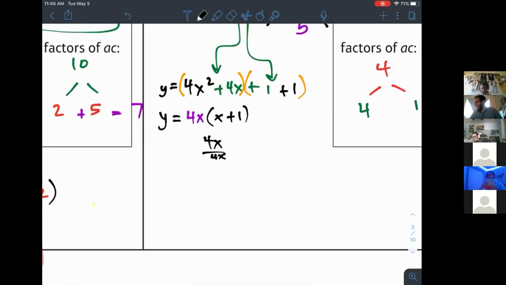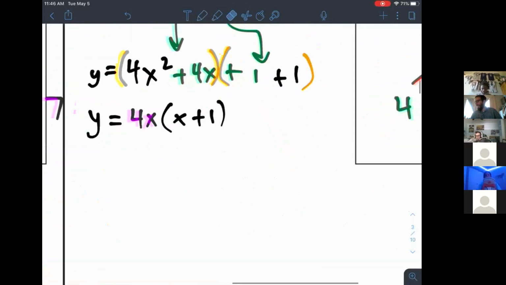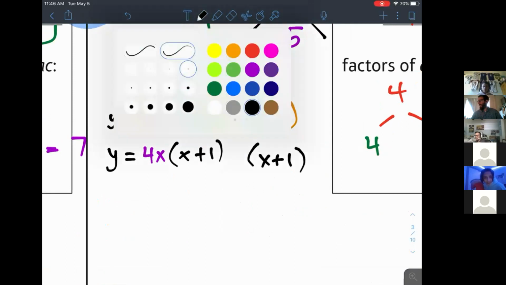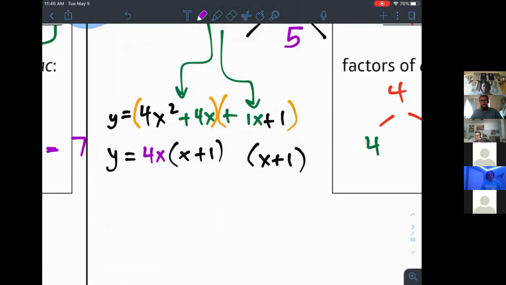All right, cool. So what can I take out of these two terms over here? By the way, I forgot my x. What can I take out of both 1x and 1, knowing that my goal is to have that same x plus 1? Well, the 1.